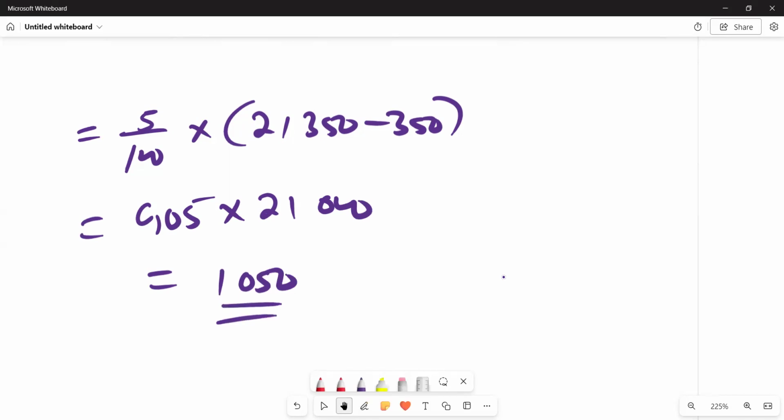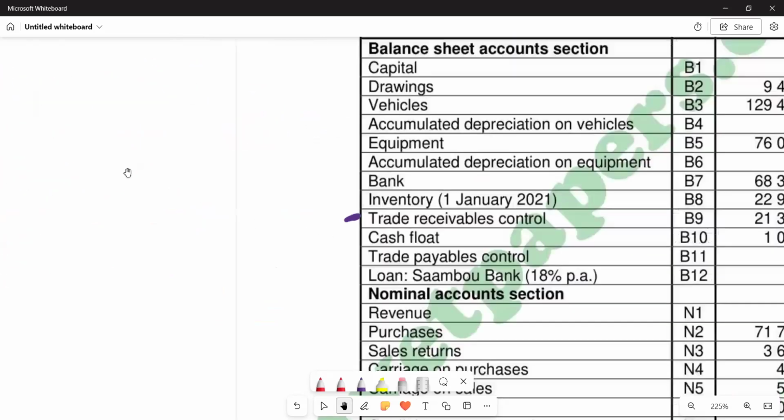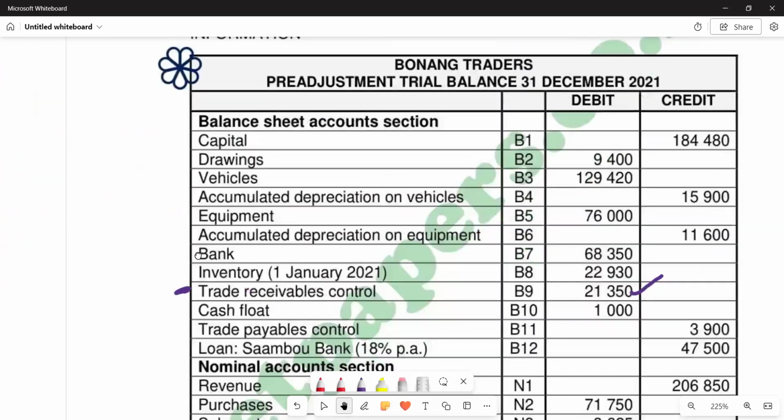So 1,050 becomes the level of provision for doubtful debts, or the level of provision for credit loss for the current period. We compare it with the level of the last period to see if there's an increase or decrease. The previous period's level is given in the pre-adjustment trial balance.